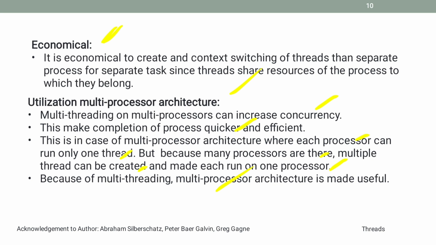The meaning is that in a system there are multiple processors, but in each processor only one thread can run. Then because of multi-threaded programming, multiple threads can be created, each one running on a single processor. Hence with multiple processors, multiple threads can be run if multi-threaded programming is possible. Hence, multiprocessor architecture can be used for multi-threaded programming in which multiple tasks can be done.